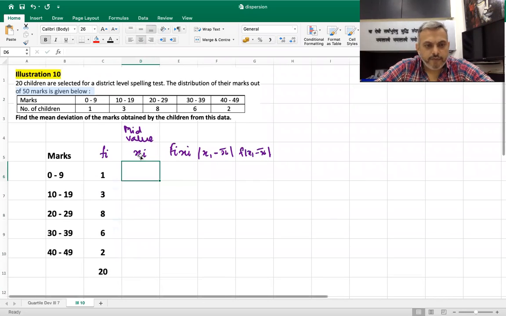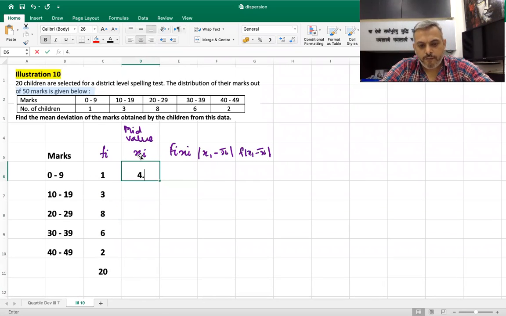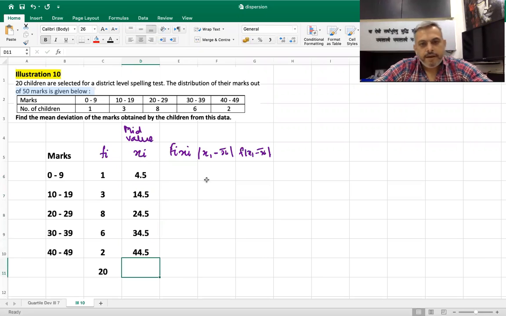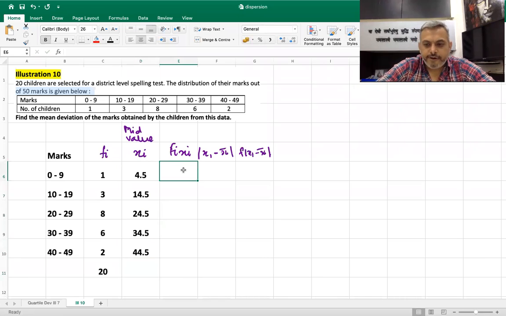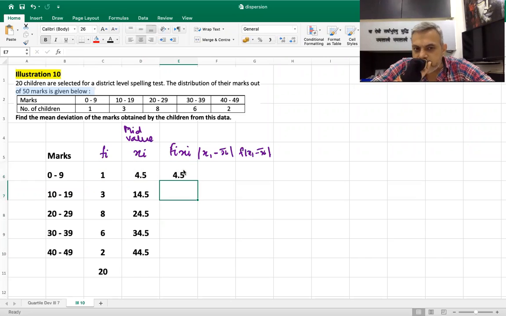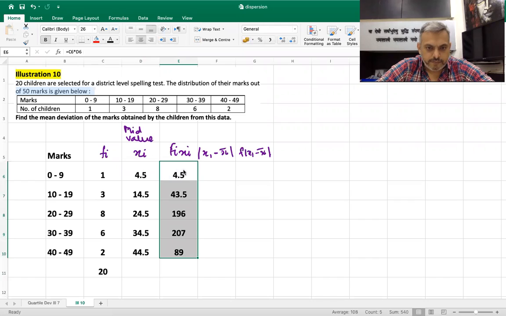Okay, mid value: 0 to 9 is 4.5, 14.5, 24.5, 34.5, 44.5. Now Fi into Xi. You can use a calculator. Because I'm using Excel, I'm blessed. I'll directly use the formula and do the totals.